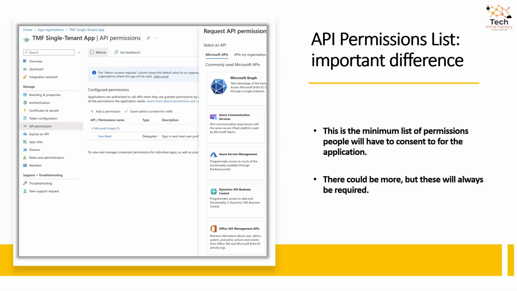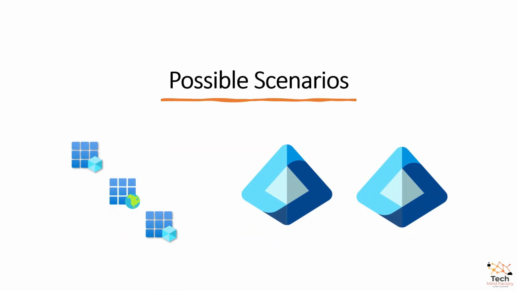But it doesn't mean that the application cannot ask for more permissions that we don't see on this list here, right? So the application can also ask for more permissions, and then the user will have to consent again. Okay, that's very important.